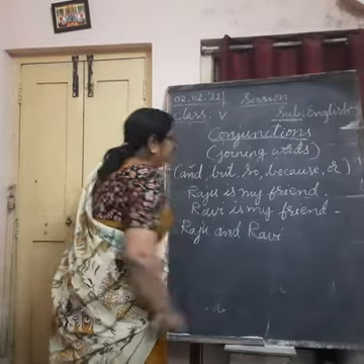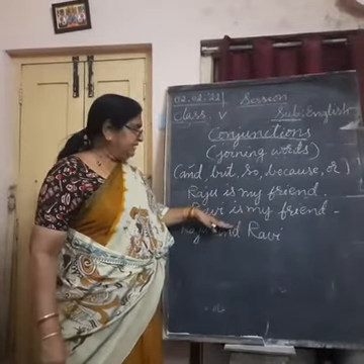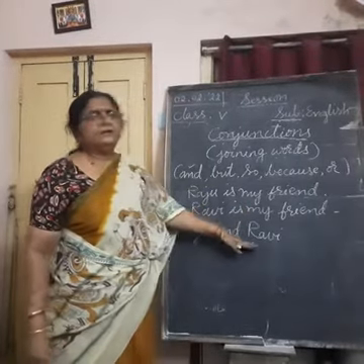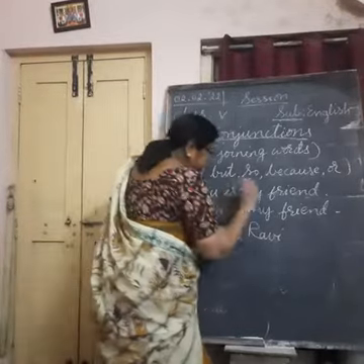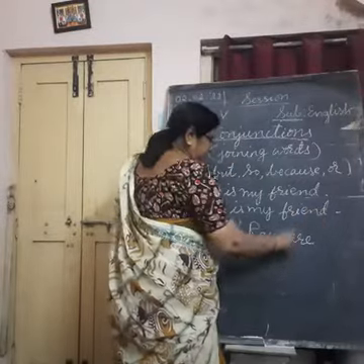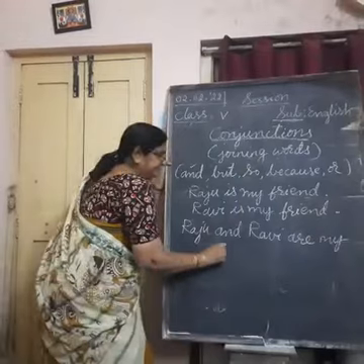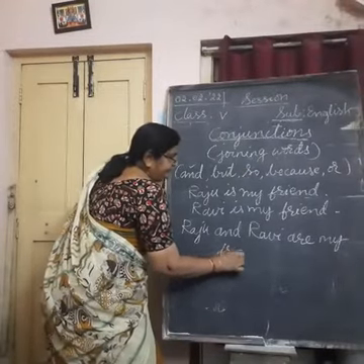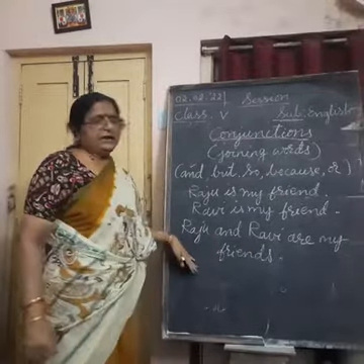Here, when we used a single person, we used is. And when we use two together, adding and between, we have to change the verb auxiliary. Are is to be used. Raju and Ravi are my friends.